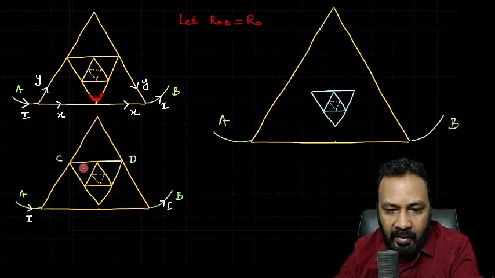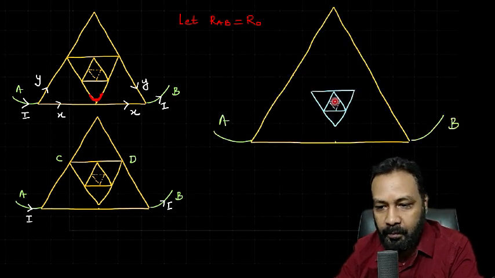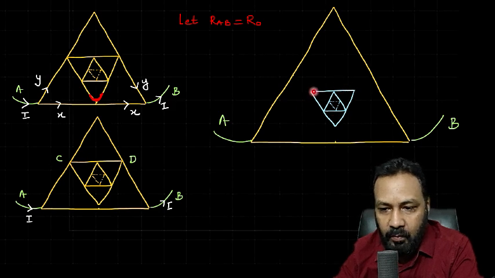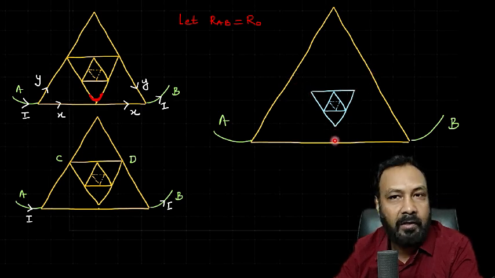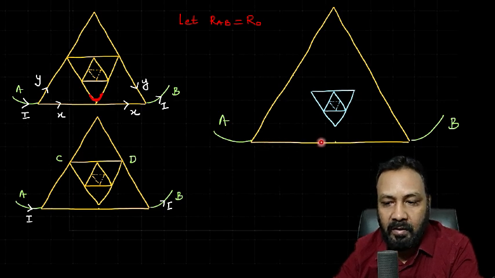This point is connected to C, so I'll bring a wire from C to this point, and a wire from D to this point, and this is not connected to that because the current is not getting into this part.